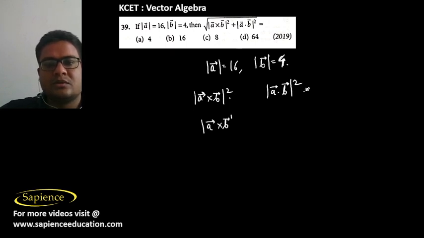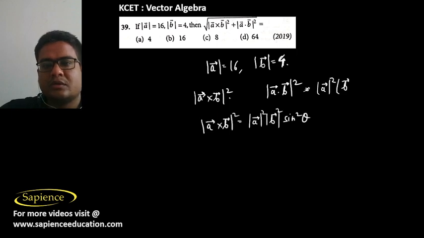Magnitude of A cross B whole square is equal to mod A into mod B whole square into sine square theta, and magnitude of A dot B whole square will be mod A square into mod B square into cos square theta.